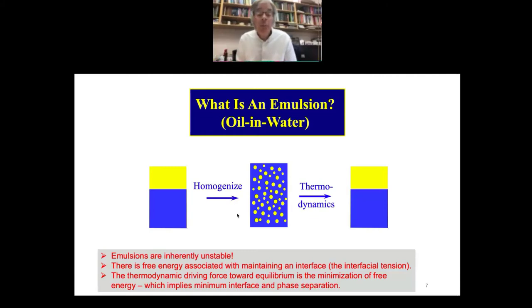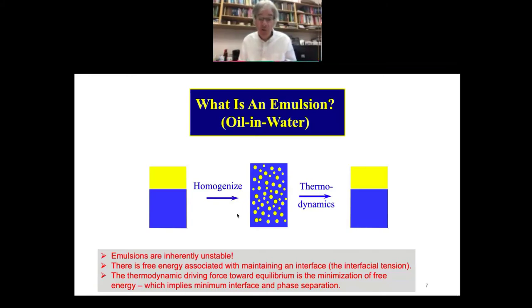So an oil and water emulsion, for example, you can start off with oil, you can start off with water, you can stir those and agitate them and use high shear blenders and homogenizers, and you can mix the oil into the water phase, and it will be stable for a very short period of time.